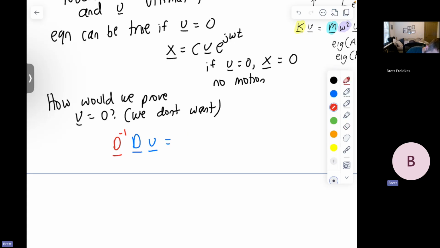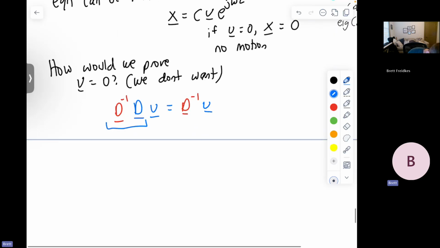I can multiply both sides by the inverse of D. And again, because matrix multiplication order matters, it'll be on the left. D inverse times D is the same as the identity matrix. That will give me u. And then the inverse times 0 is 0. That's how I would mathematically prove that u is 0.